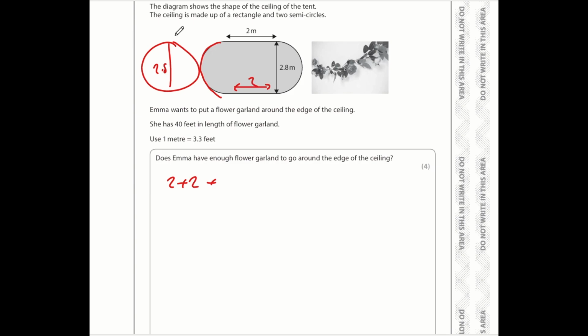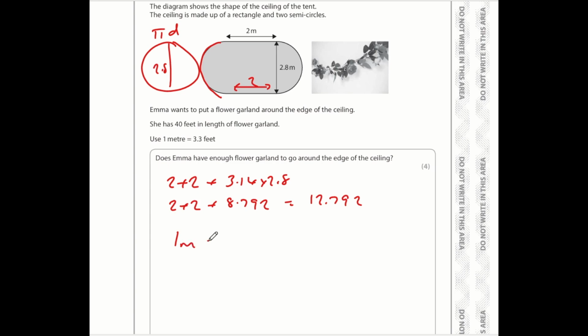And the formula for the circumference of a circle is pi times the diameter. So the pi is 3.14, the diameter is 2.8. So we've got 2 plus 2 plus 3.14 multiplied by 2.8, which is 8.792. So if we add 2 and another 2 to it, we get 12.792.